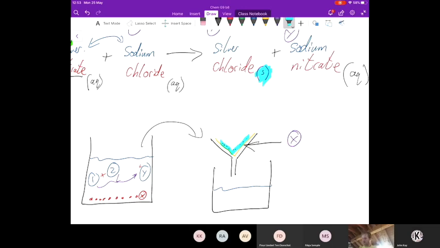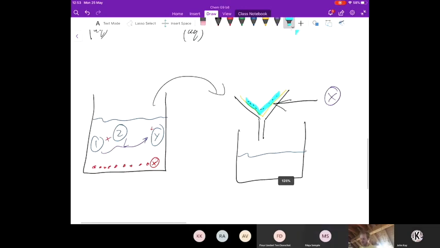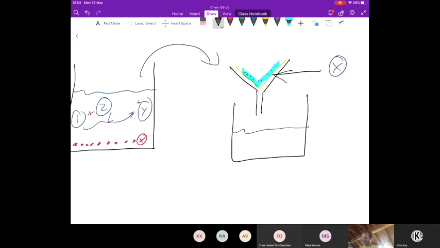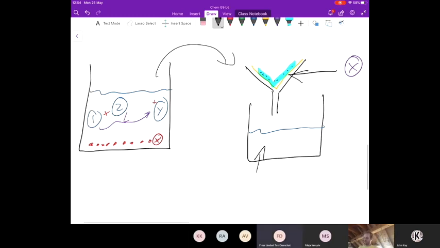So that begs the question then, what is in the solution at the bottom? What manages to go through the filter paper? Because it's dissolved in water, the Y and any remaining 1 and 2.